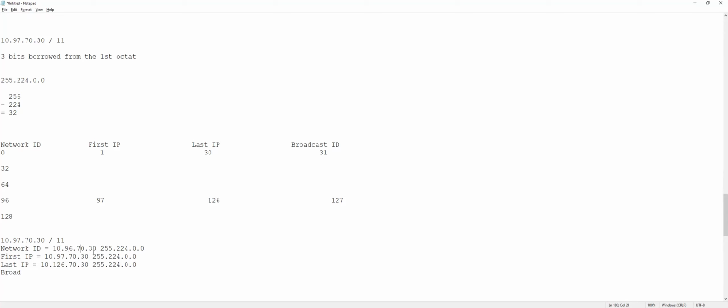But I think that the network ID is wrong. Wait, I'm sorry. I mean, the third and fourth octets should be 0, because it's the network ID, right? Okay. Wait, can you just explain that? Let me double check.